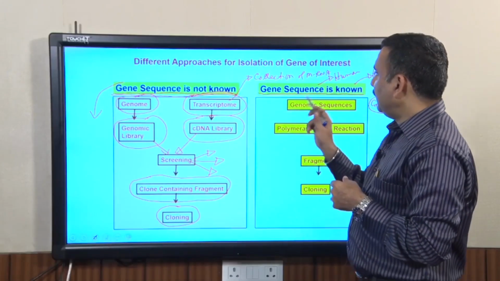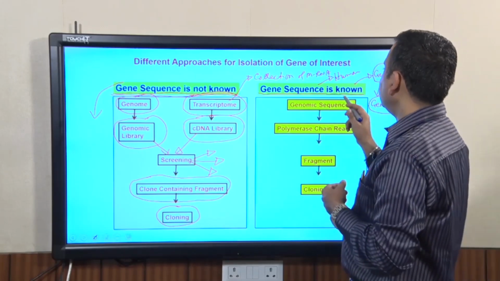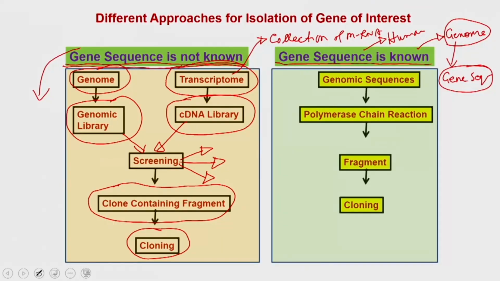And in the other scenario, when the gene sequence is available, which means the genomic sequences are available, you can take those genomic sequence information and perform a polymerase chain reaction with the help of site specific primers, which means you can use the forward primer as well as the reverse primer, along with the reaction mixture and the different types of enzymes we use in the polymerase chain reaction.